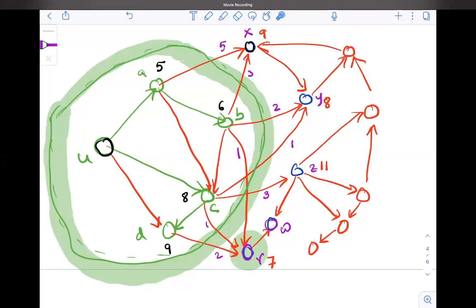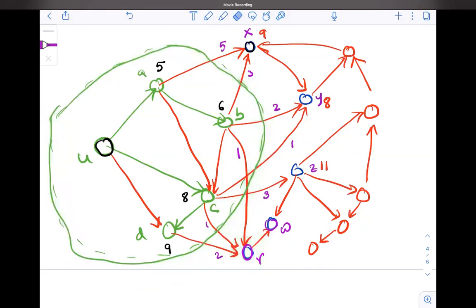So at this point, I will update my boundary. I now know that R costs 7, and that is the best.